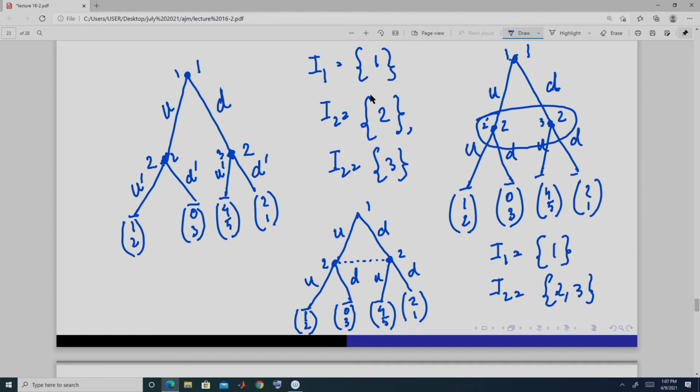So in this way we can define the perfect information game and imperfect information game. How? If all the information sets of each player are singleton, then it is perfect information. If there exists at least one information set of any player which is not singleton, then it is an imperfect information game. Okay?